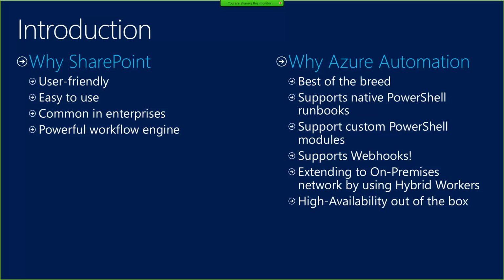We can also extend the automation capability to the on-prem environment using the Azure Automation hybrid workers. And by placing multiple hybrid workers in the same group, we achieve high availability out of the box.